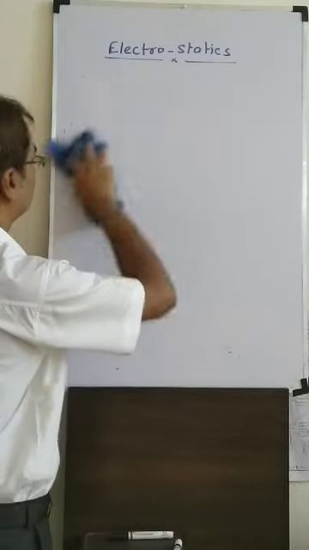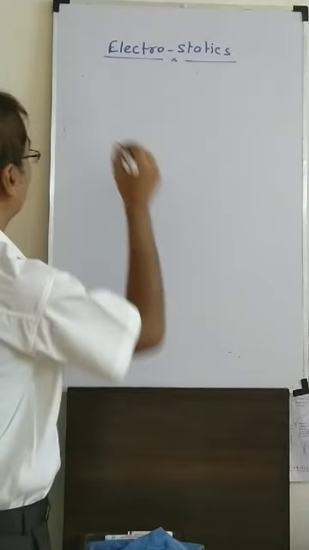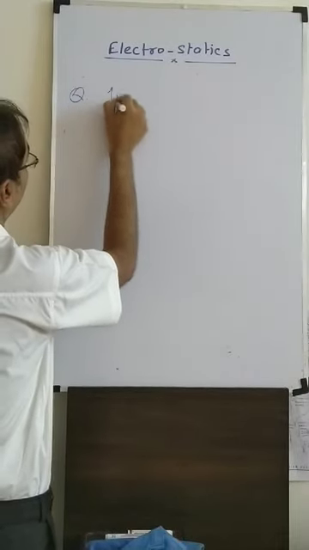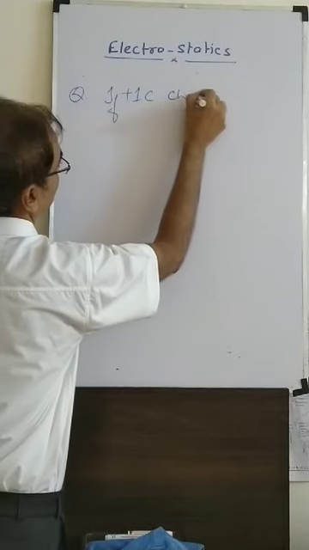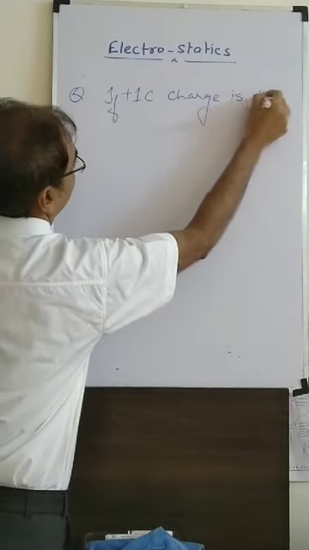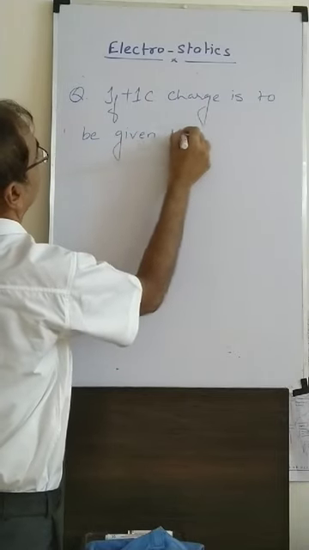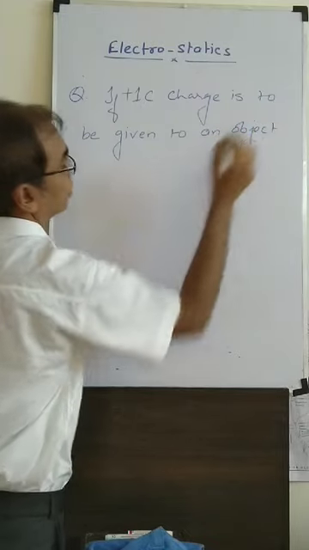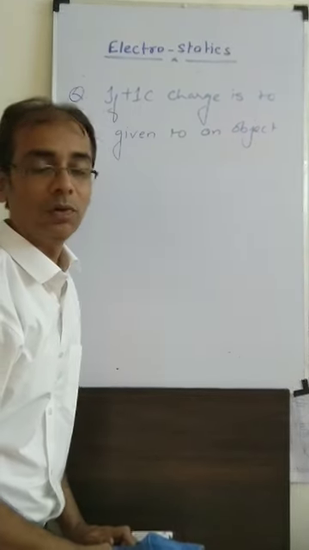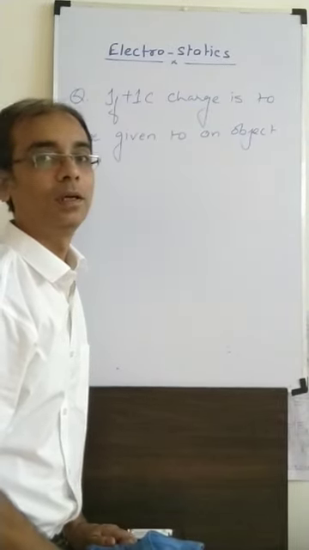The question is, if I have to give 1 coulomb of charge to an object, let's say plus 1 coulomb charge is to be given to an object, electron has to be removed.